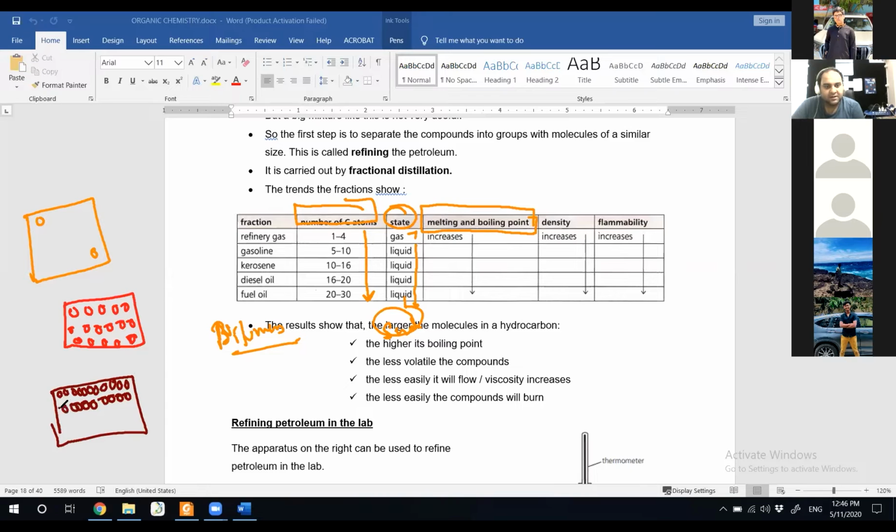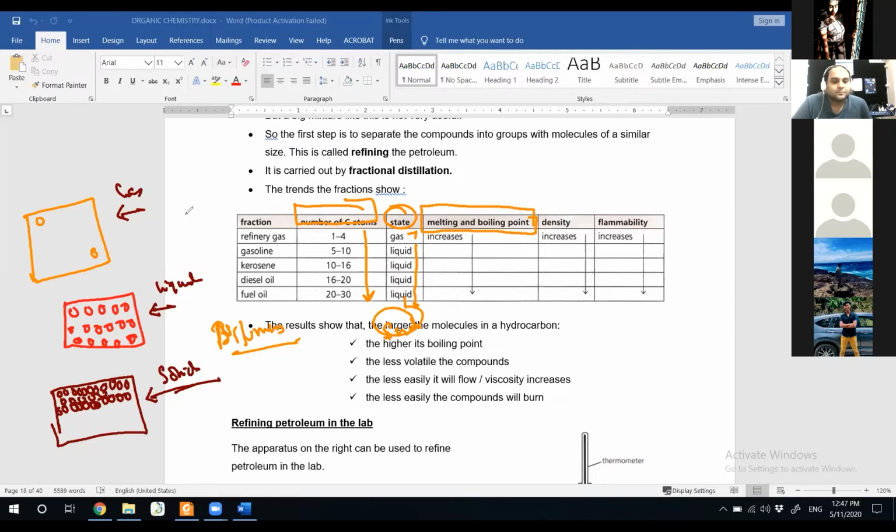The molecules are closely packed. So obviously, gas density is less than liquid. Our liquid density is less than solid, right? Yes, sir.